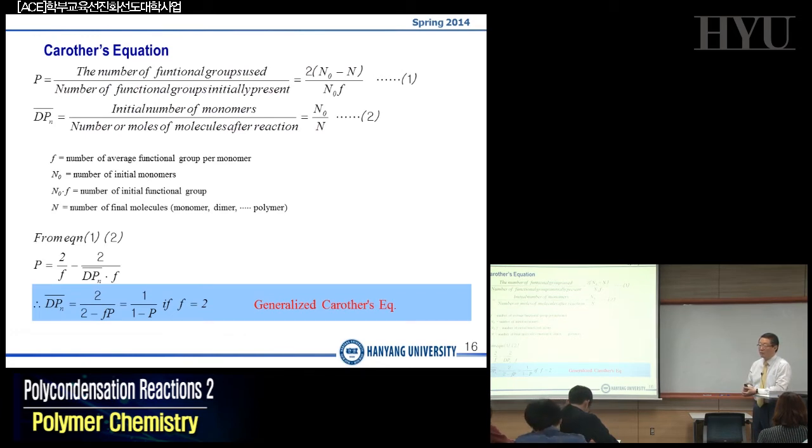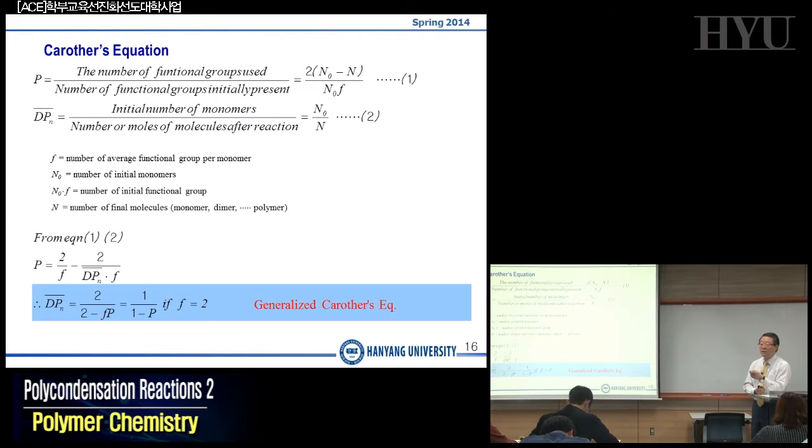So this is a general equation, simple, but considering the number of functional groups in your polymeric systems.